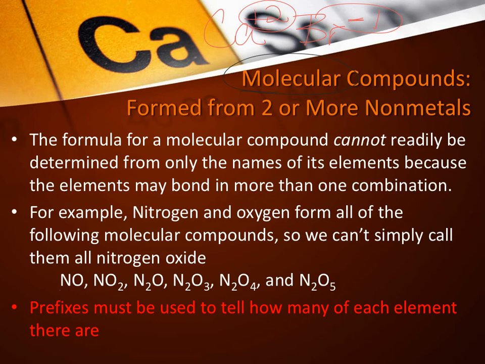So look here at all the compounds that nitrogen and oxygen can make covalently. It's a 1-to-1 ratio, 1-to-2, 2-to-1, 2-to-3. Because of that, prefixes must be used when naming covalent compounds, and that's the key difference between covalent and ionic.